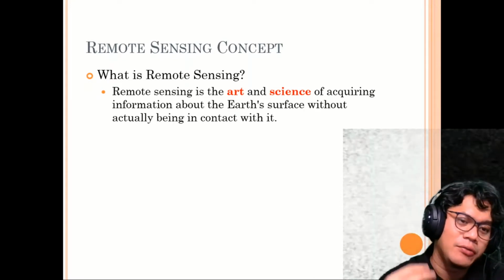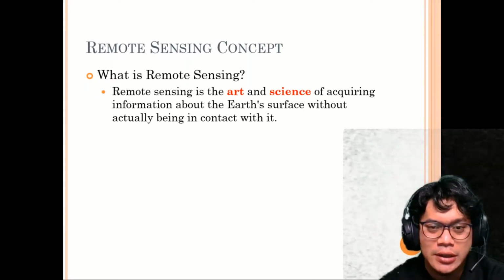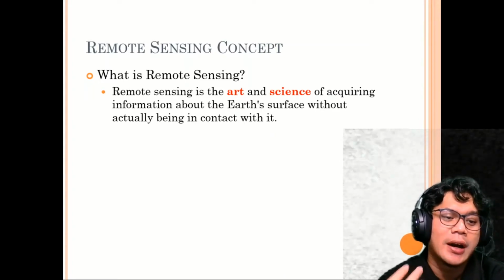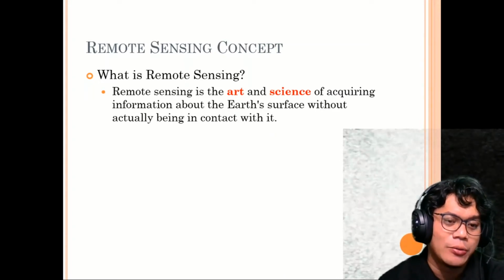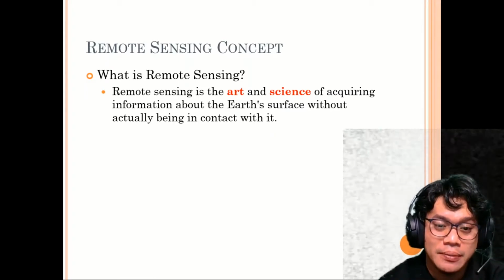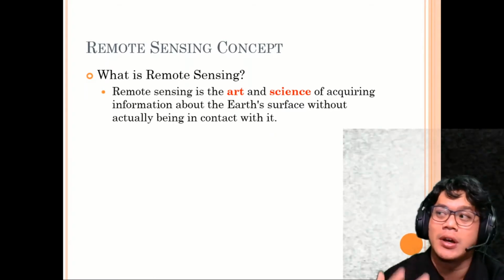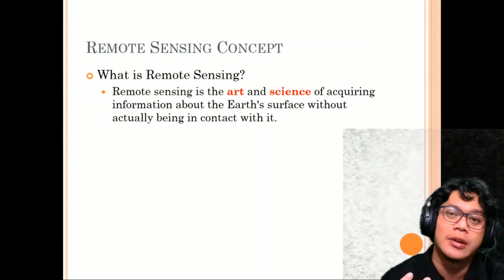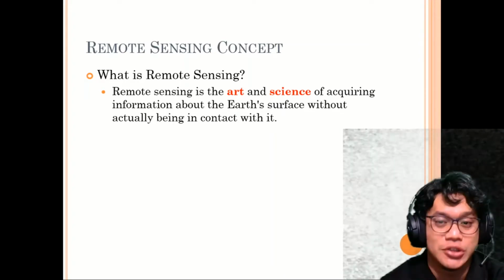Dealing with these kinds of images requires some art sense that we as human beings are able to determine, as opposed to the machine. That's why in remote sensing we need what we call a human touch.